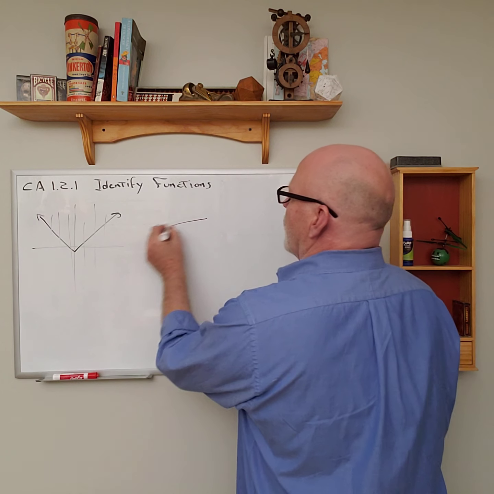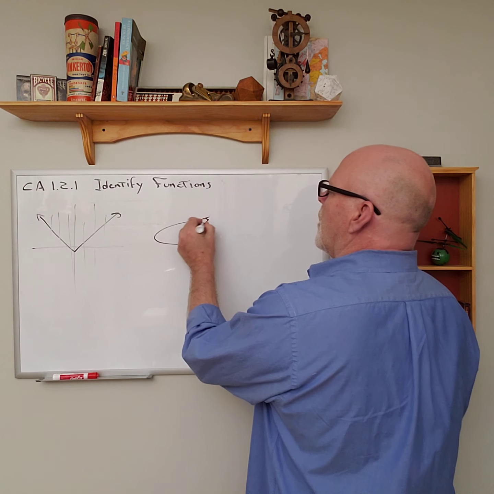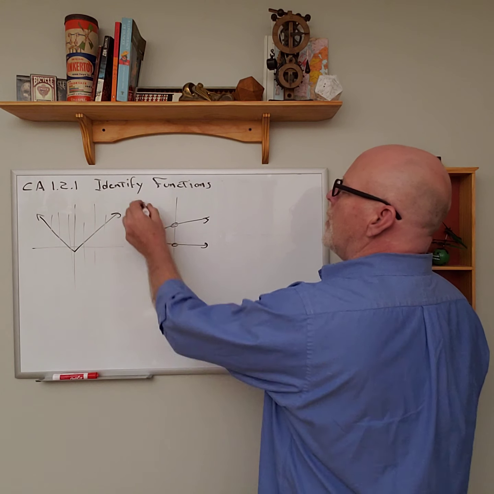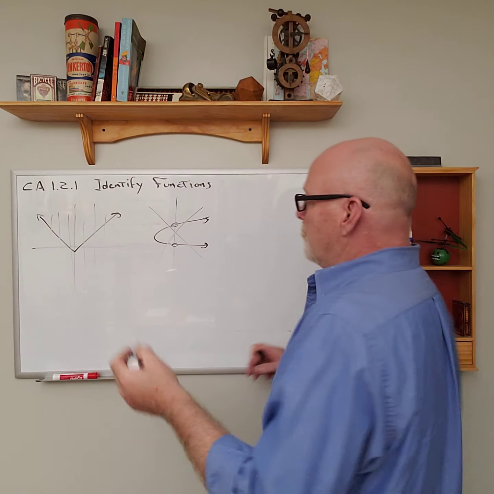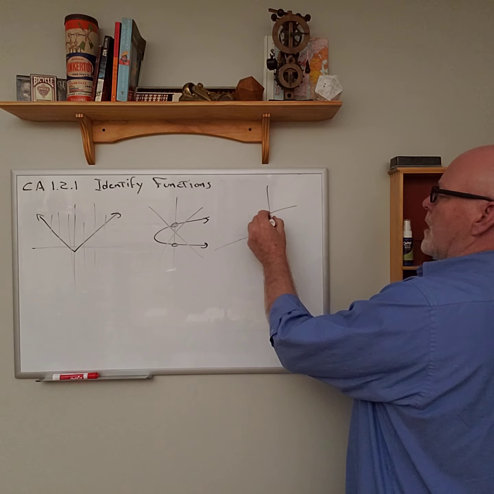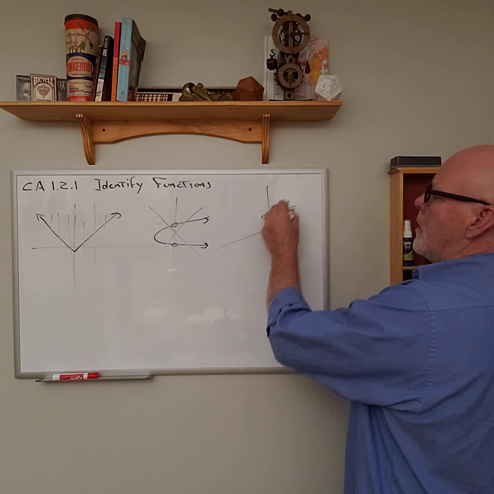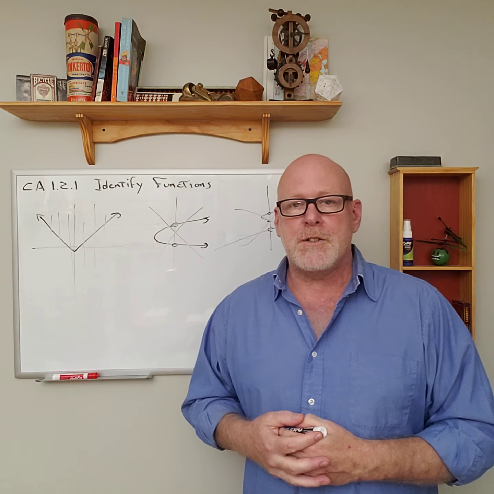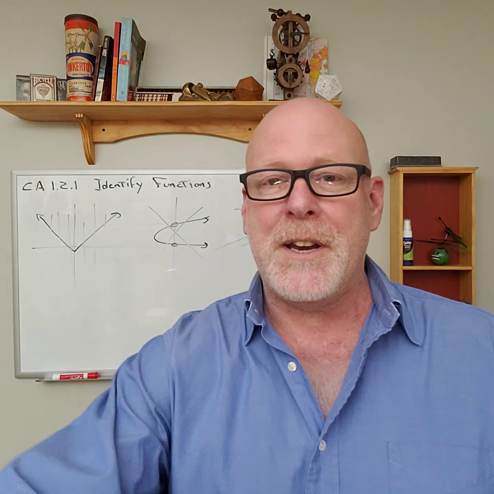If I've got a graph that looks like this, well, I can draw a vertical line that hits that at 2 points, not a function. If I've got a graph that looks like this here, I can draw a vertical line that hits it at 1, 2, 3 points, not a function. Very simple test. That's all there is to identifying functions.